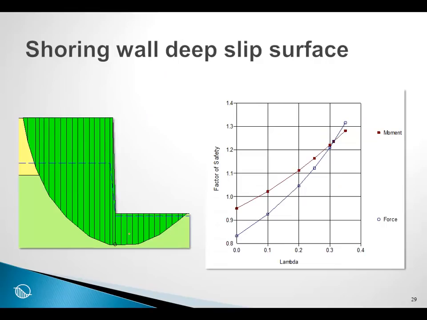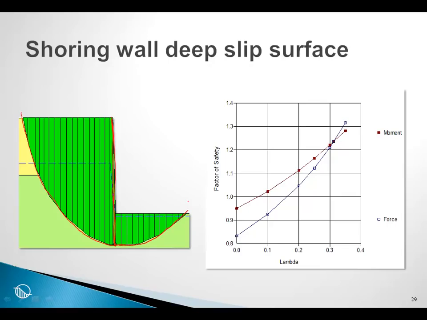Now here's a real life case of a real excavation in the city that I live, Calgary, Alberta, Canada. And this was a deep excavation, and there was some shoring here, a sheet pile wall. And the analyst needed to analyze the stability of the excavation, and he chose a particular slip surface shape that goes into the ground quite sharply, goes through the base tip of the wall, and comes out quite sharply.